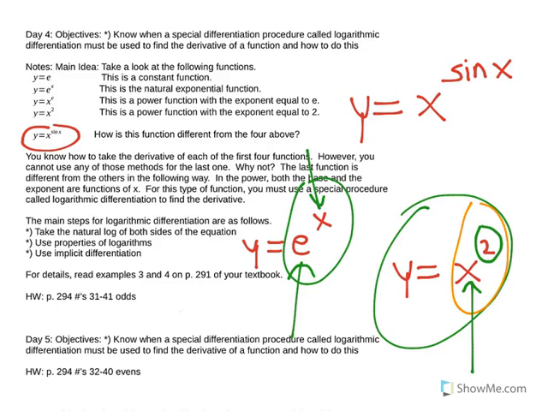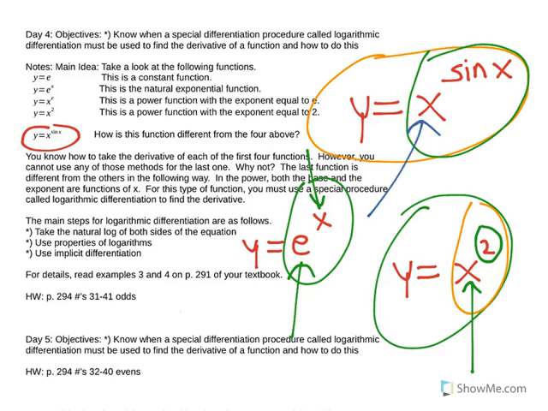But look at the 5th function. Look at this one that we have here. You have a power, but it's different from both an exponential function and a power function in this way. Both the base and the exponent are either x or a function of x.